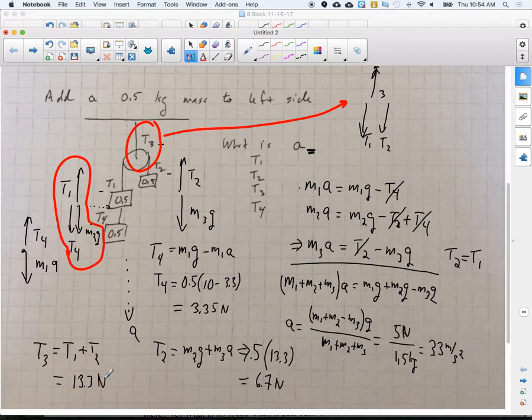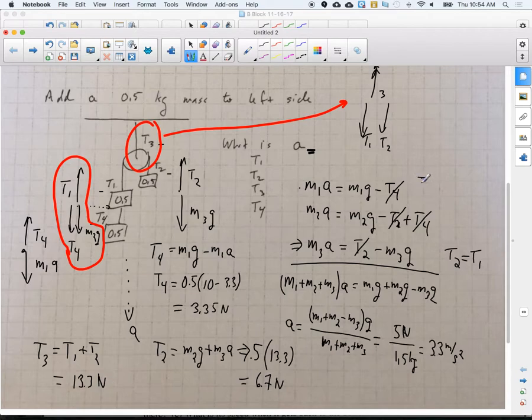Yes, sir? For T4, you did M1G minus M1A, and then for T2, you did M3G plus M3A. Right. Why is that? Because the direction of the acceleration was different. I came over here and used these equations here.